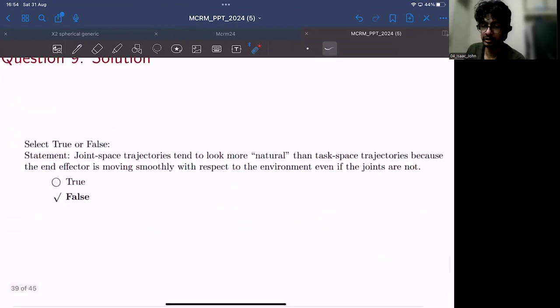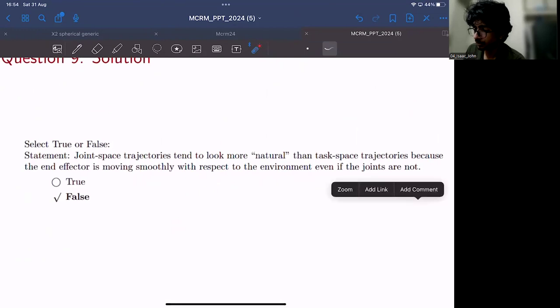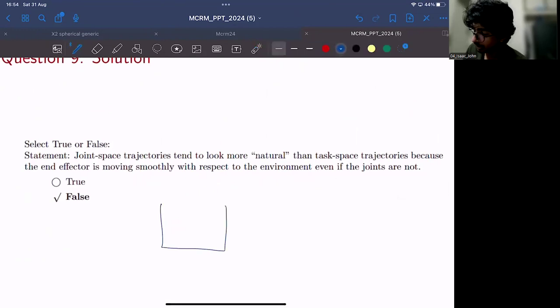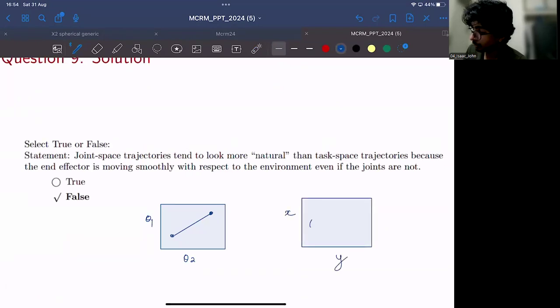So if you have any doubts on that question, you can always ask. Because if you plan something in joint space, maybe θ1 and θ2, if you plan a straight line path in joint space, in task space it may look something like this. It may not even be a straight line, right? So if you plan a trajectory this way, we may not know how it may behave in task space. So this is joint space.